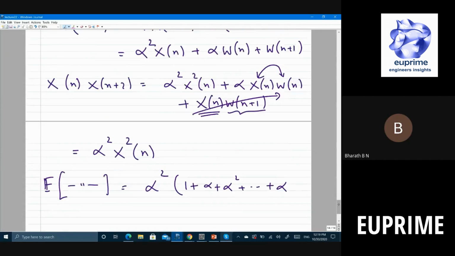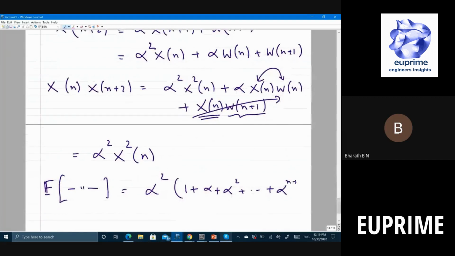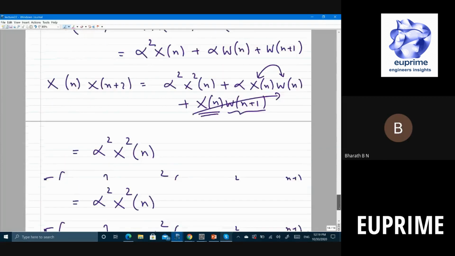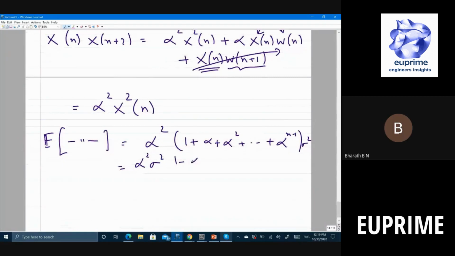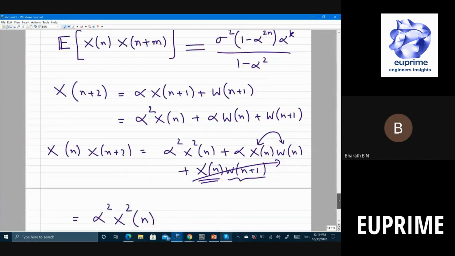Alpha power x of n is what? Alpha power n minus 1, into sigma squared. So this is alpha squared sigma squared times what? You get this geometric series, right? 1 minus alpha power n divided by 1 minus alpha, right? Is that correct?